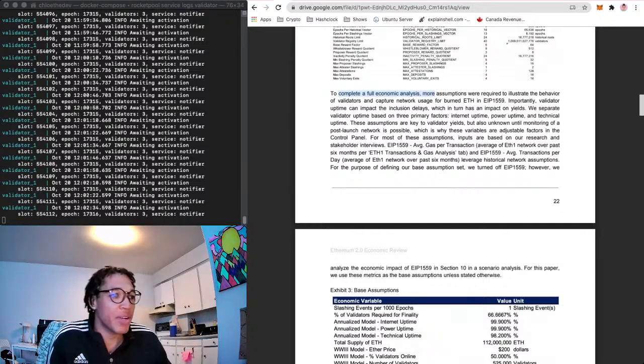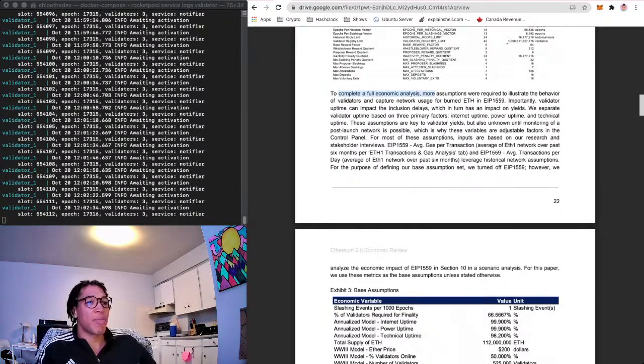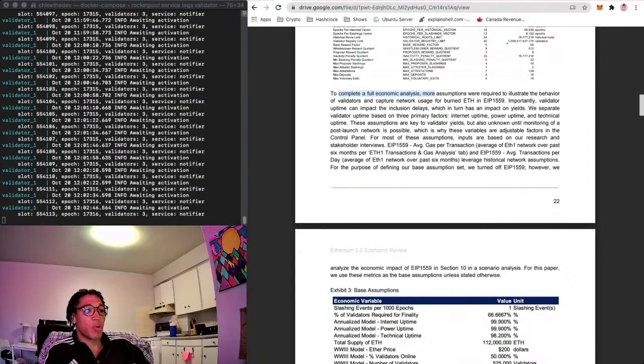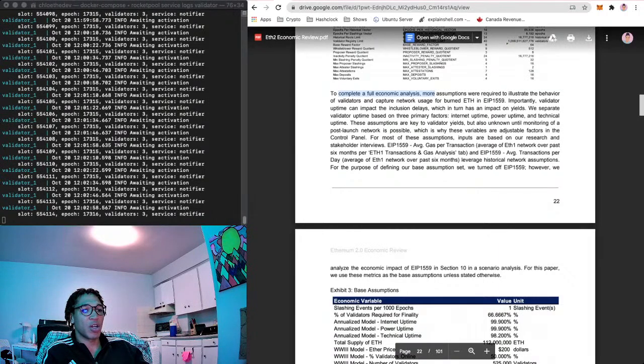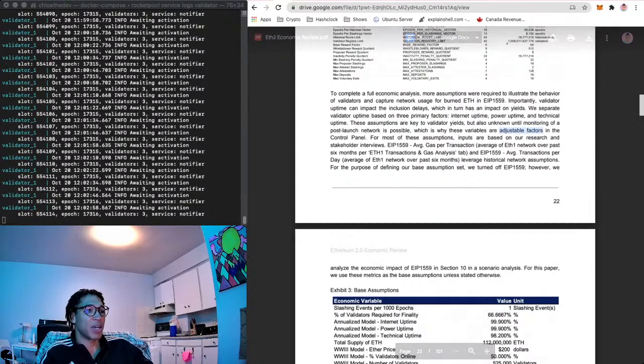We separate validator uptime based on three primary factors: internet uptime, power uptime, and technical uptime. These assumptions are key to validator yields, but also unknown until monitoring of a post-launch network is possible, which is now possible, which is so exciting because a new update of this paper is probably coming out soon, which is why these variables are adjustable factors in the control panel.